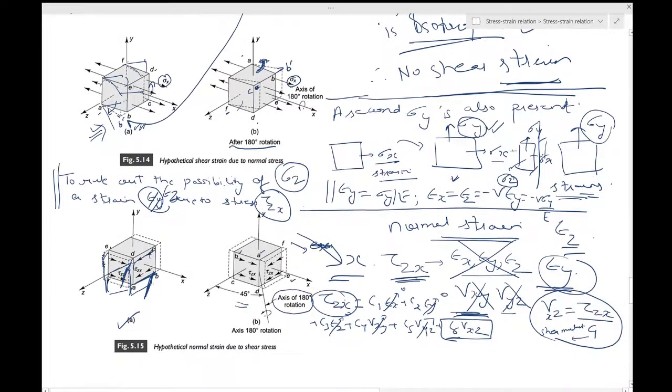Similarly, by similar arguments, you would repeat this whole analysis for a shear stress tau xy, and you will get that gamma xy is equal to tau xy by G.